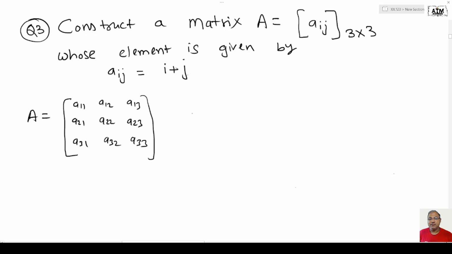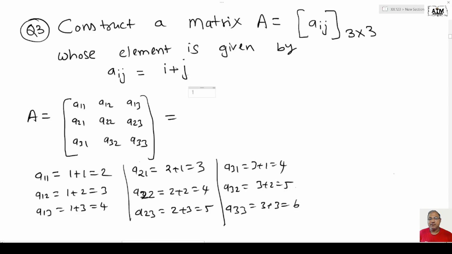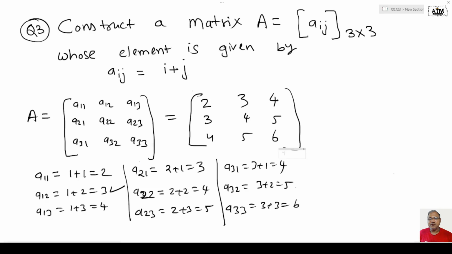First of all, let us get the values of all these elements. I already calculated these values, and now I am going to put them in the respective places. The value of A11 is 2, A12 equals 3, then A13 equals 4. Similarly, the other rows are 3, 4, 5, then 4, 5, 6.